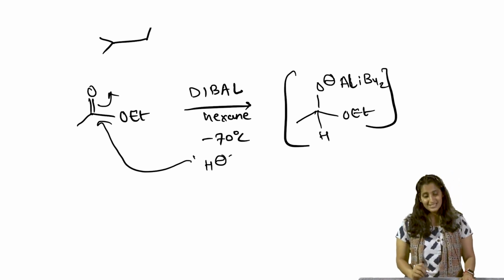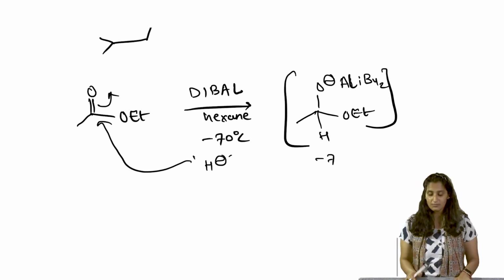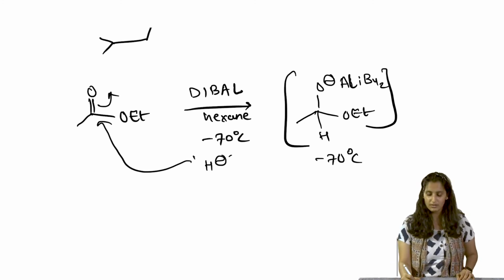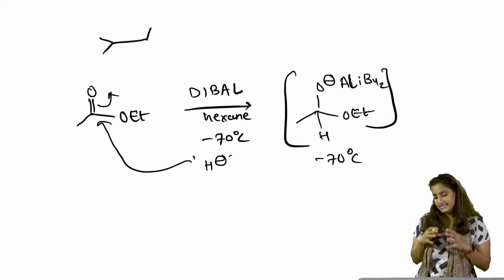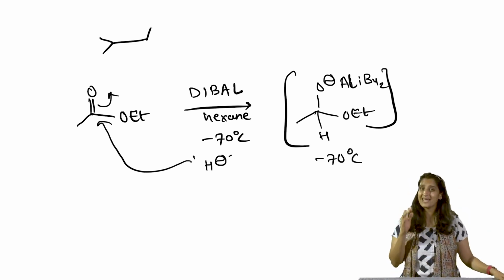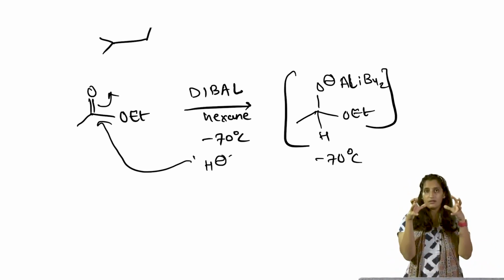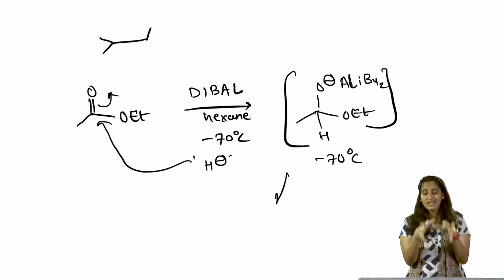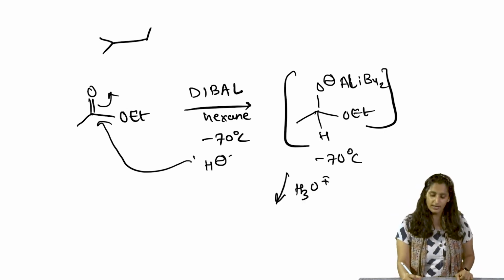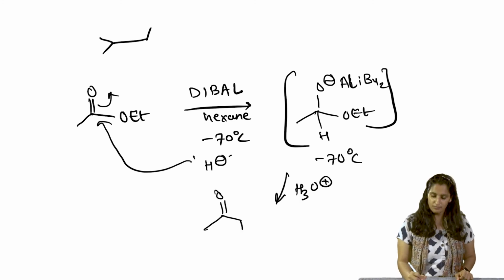Now, this is at minus 70 degrees, and this particular tetrahedral intermediate, because we are doing the reaction at such a low temperature, is stable enough, and that is the reason why you can quench the reaction at that point, and when you add H3O plus to this separately later, it can form the aldehyde.